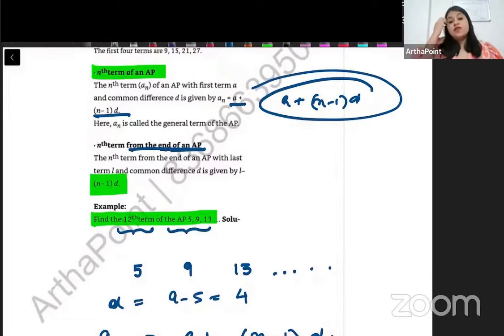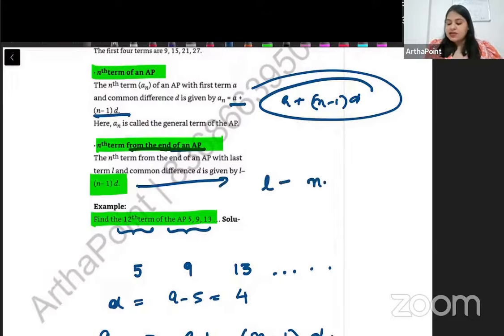Sometimes they will ask you to find the nth term from the end. I will give you a question right now to practice. So if you have to find the nth term from the end, then that will be given by, beta, last term minus n minus 1 into d. So look at both formulas carefully.